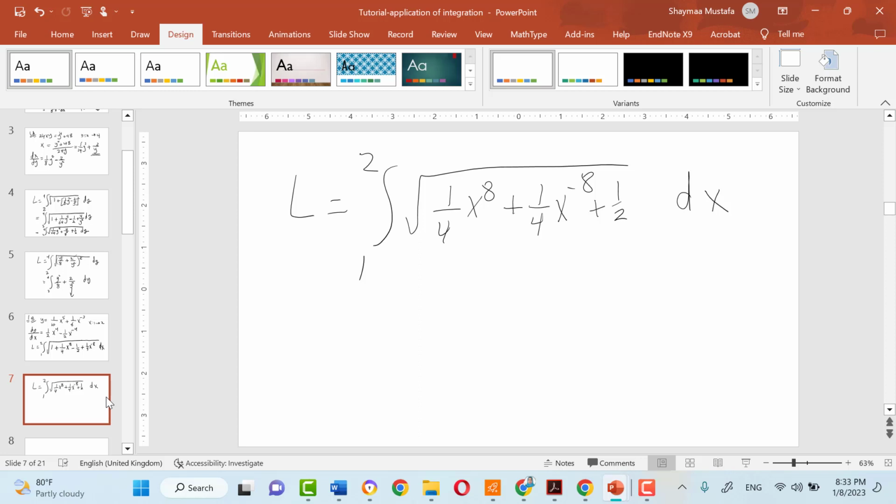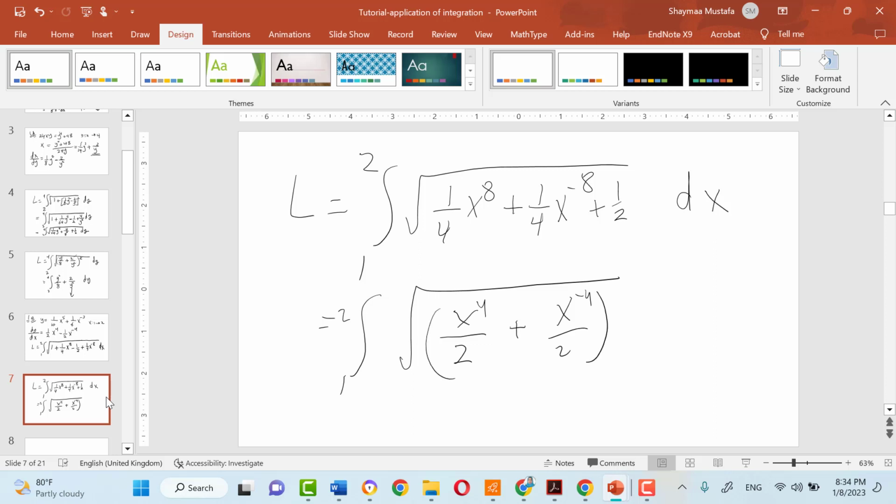So now this one is equal to the integration 1 over 2 until the square root. We have this one x to the power 4 over 2 plus x to the power minus 4 over 2 square dx.